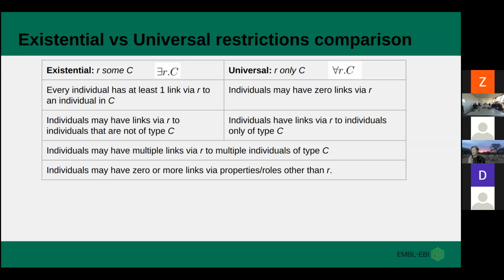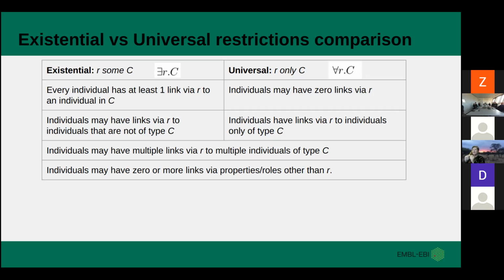The second thing is that individuals may have links via R to individuals that are not of type C. That is based on the existential restriction. So the existential restriction doesn't worry about that.